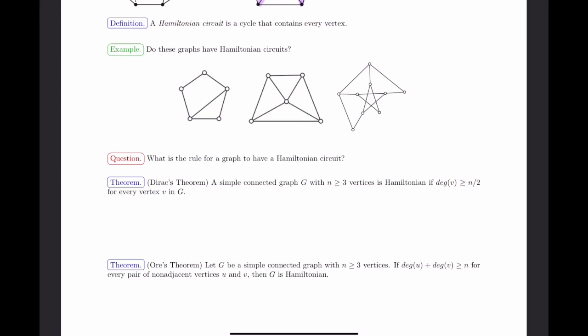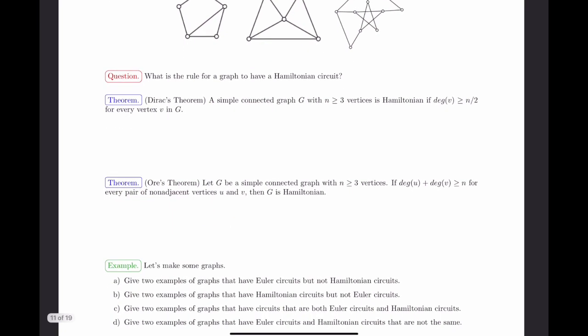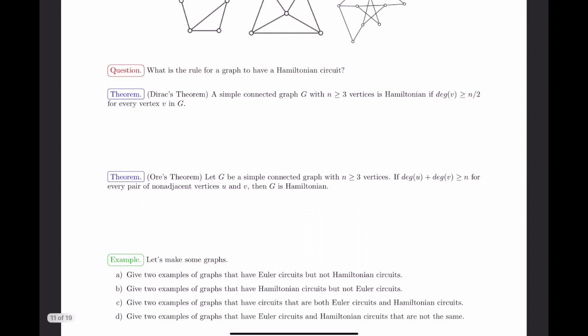However, in the case of Hamiltonian circuits, it's not as simple. There are a lot of sufficient conditions that have been proven, but none that are necessary. So what we have here are lots of sufficient conditions, of which I will give you the 2 classical ones, but not anything that is necessary.